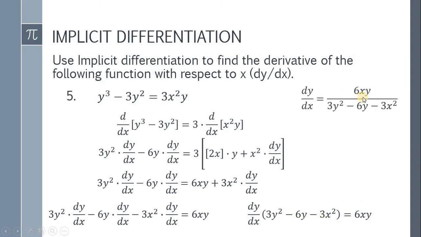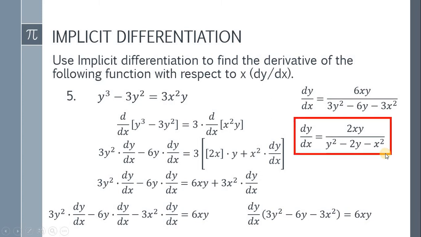And we get 6xy all over 3y squared minus 6y minus 3x squared. Kung mapapansin, pwede pa natin siyang i-simplify. Pwede natin i-factor out yung 3 sa numerator and i-factor out natin yung 3 sa denominator. Now, pag ginawa natin yon, we get 2xy all over y squared minus 2y minus x squared. And this is our final answer. And we're done.